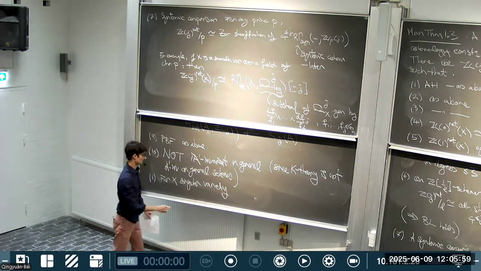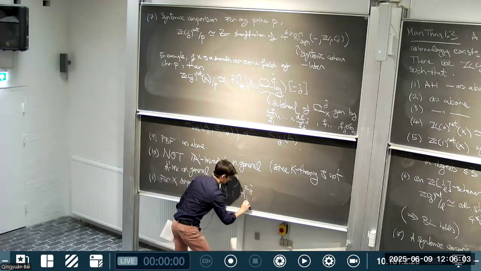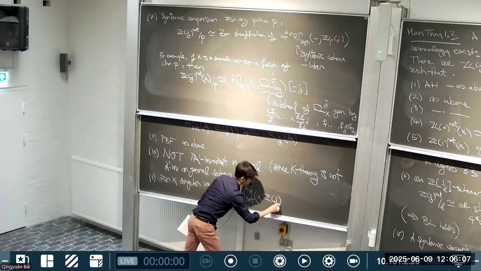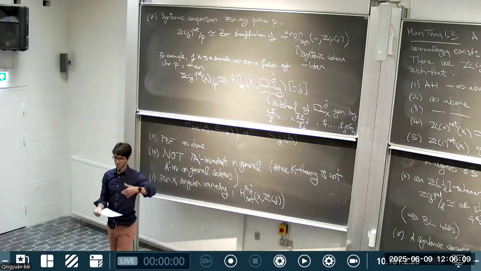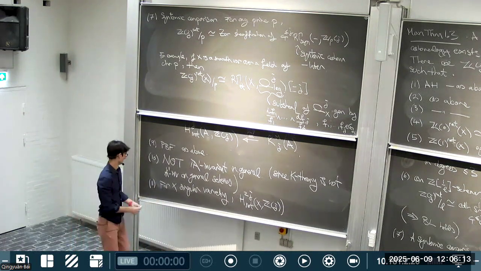Let's say for X a singular variety, we can look at the same group, playing the role of the Chow group of cycles in the smooth case, but I no longer impose a smoothness condition.